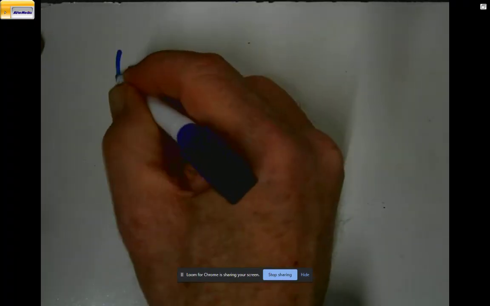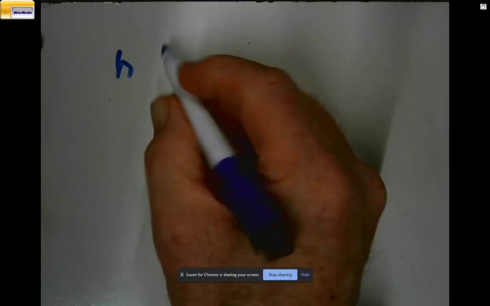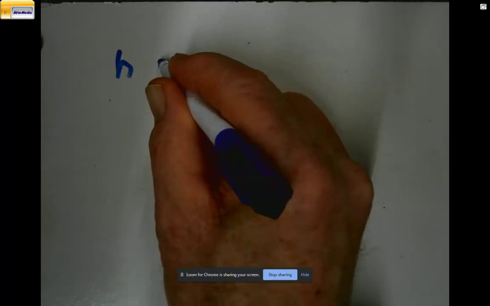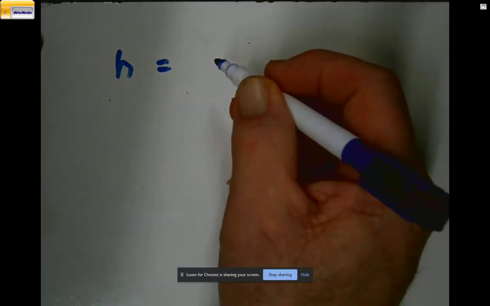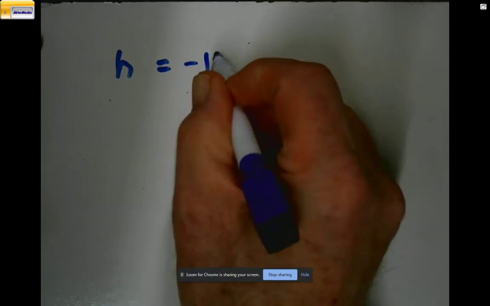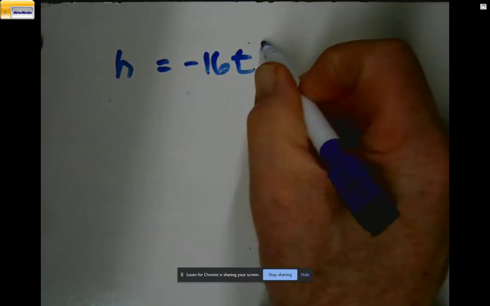So, the one problem I'm thinking of there is you're dropping an object from a height h, right? And it travels, and t is the time.